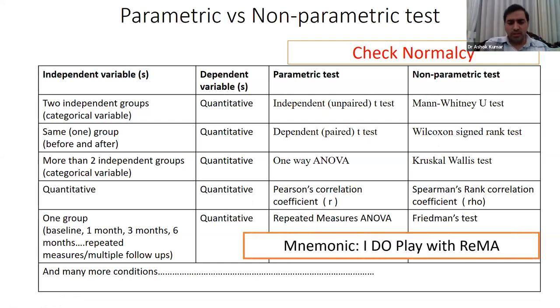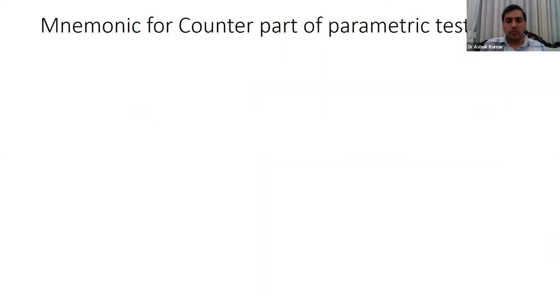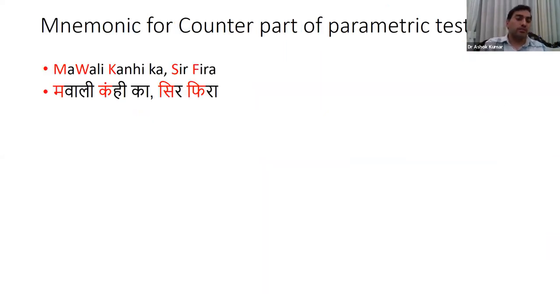So this is a mnemonic, and I discussed this mnemonic yesterday. I do play with REMA. I means independent t-test, D means dependent t-test, O means one-way ANOVA, P means Pearson correlation, and REMA means repeated measures ANOVA, for parametric. The counterpart of these parametric tests we can remember using this mnemonic: Mawali Kahin Ka Sirfira, or Mr. Wilcoxon, kindly see fried rice.